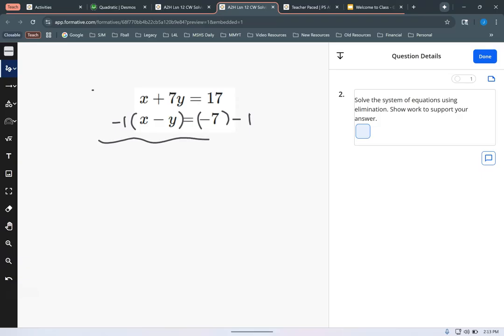And then I'm going to rewrite my system of equations. So I'm going to have x plus 7y is equal to 17. And then I multiply through by -1, so I get -x plus y is equal to +7.